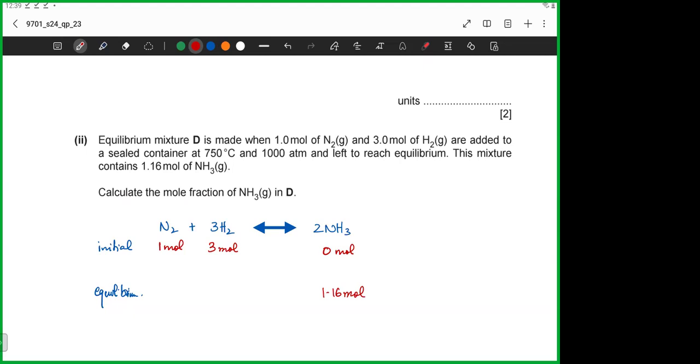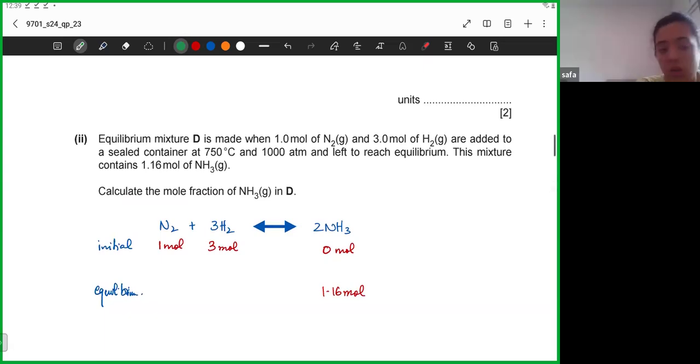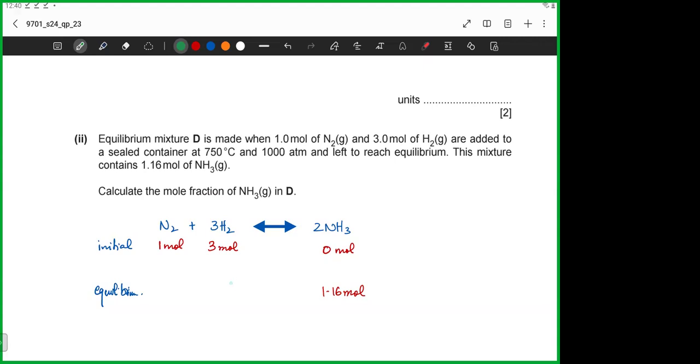We're going to do 1 minus 1.16 divided by 2 for N2, since 1.16 divided by 2 reacted.